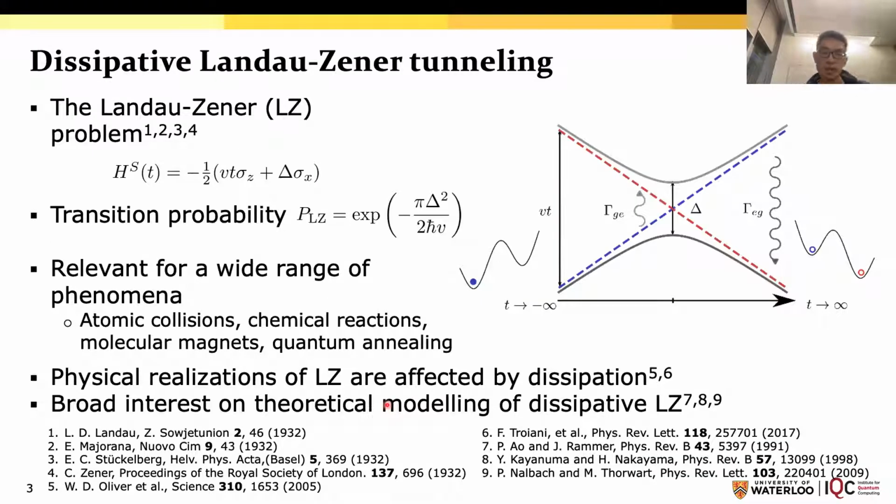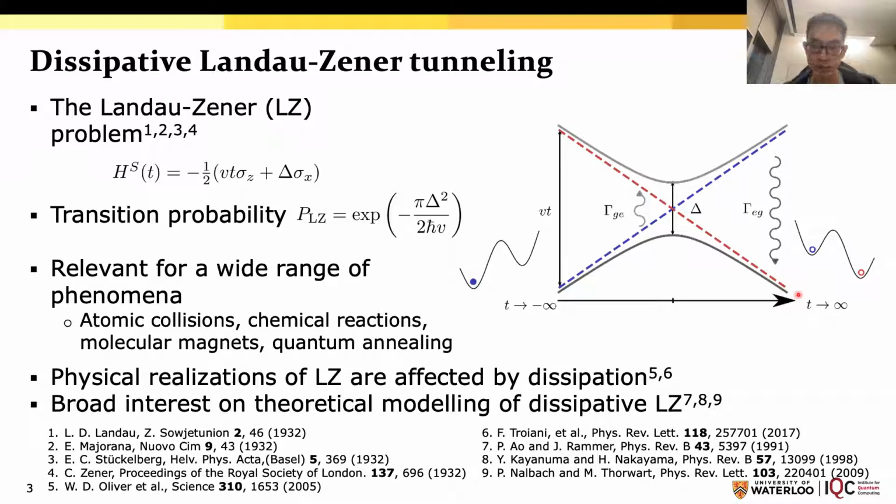So the Landau Zener problem is a well-known problem where two states are brought together linearly, forming an anti-crossing in the middle of the sweep, and then going away again.